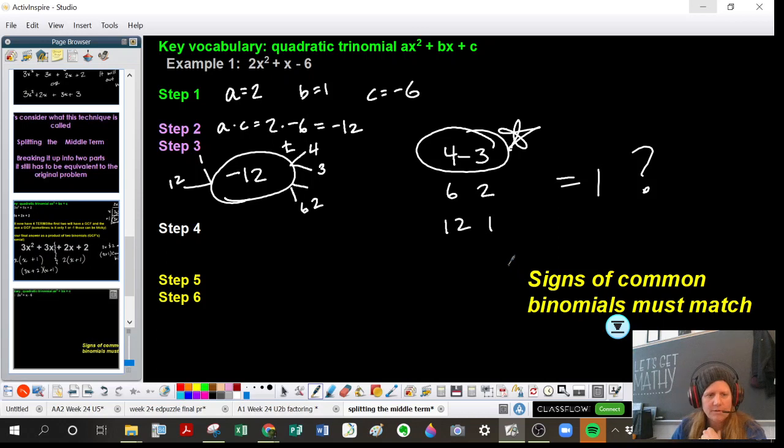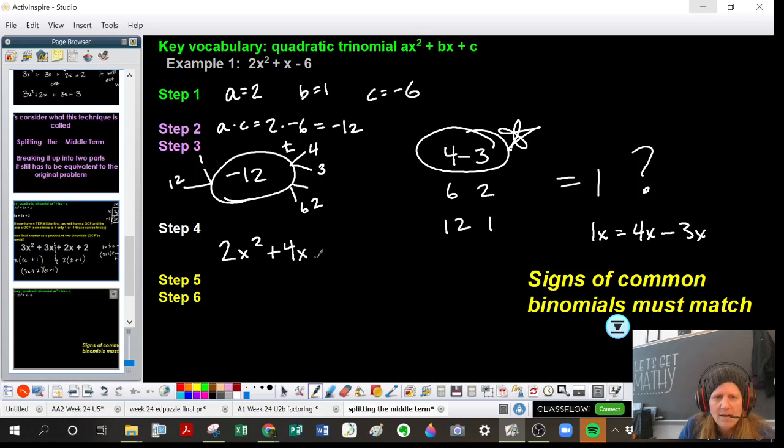So here it comes. Step 4, the namesake step. Splitting the middle term. So I need to split that 1x into 4x minus 3x, and I'm going to do that right here: 2x squared plus 4x minus 3x minus 6. Whew. I'm going to pause, let you think about that.